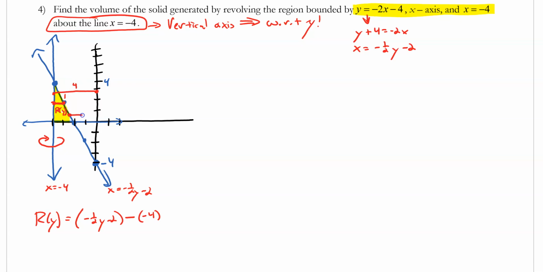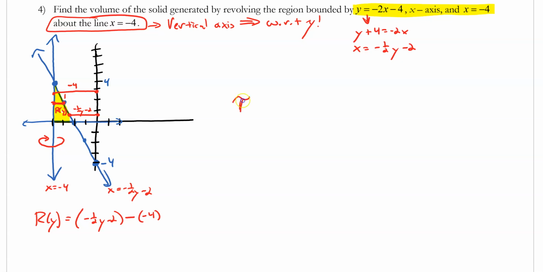And the distance from here to here is always our function. This would be like our -1/2 y minus 2. So if I did the right minus the left, and this is actually -4, we're going to get that calculation between those two curves, okay, which is that r of y is what we're looking for.